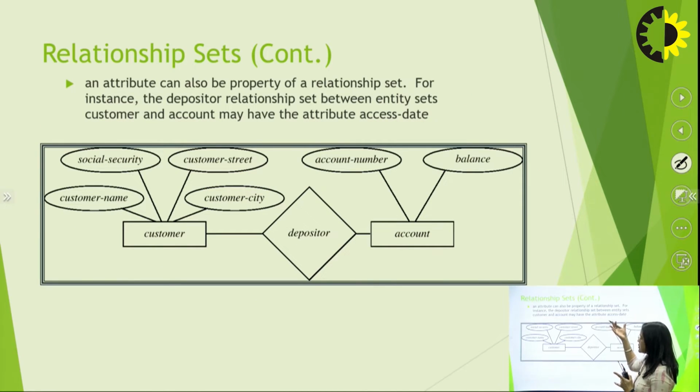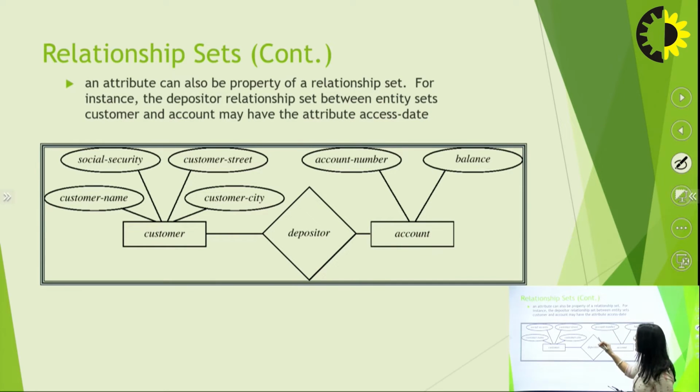Now, this is an entity, account, and these two entities have a depositor relationship. This entity has these 4 attributes, and the entity account has these 2 attributes. Now, the relationship may also have some attributes.